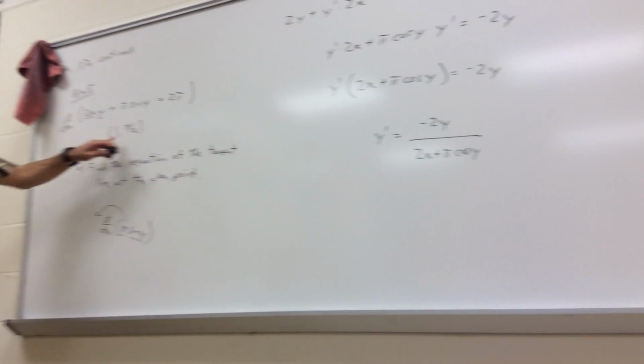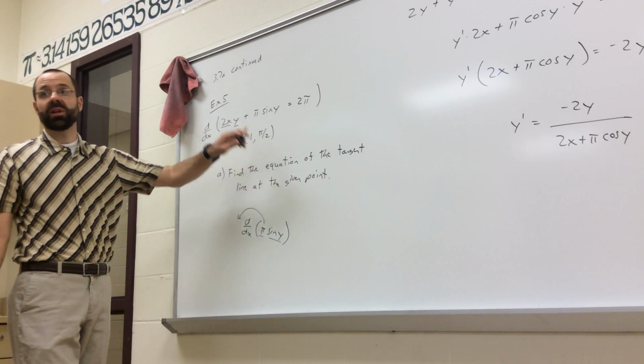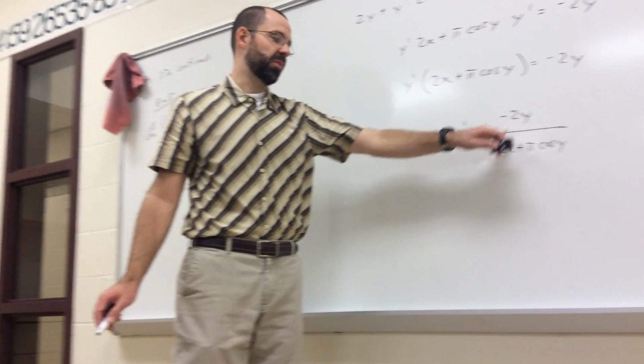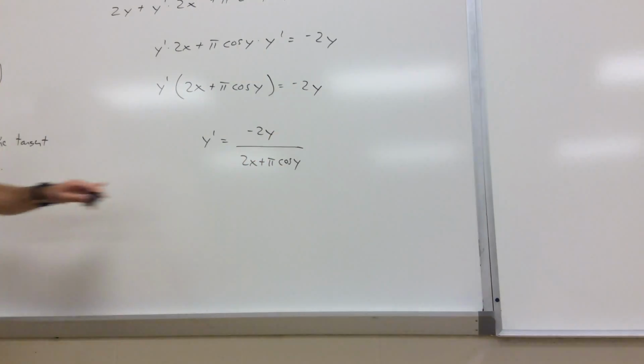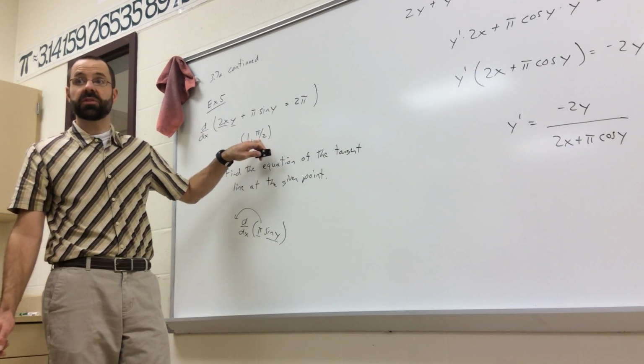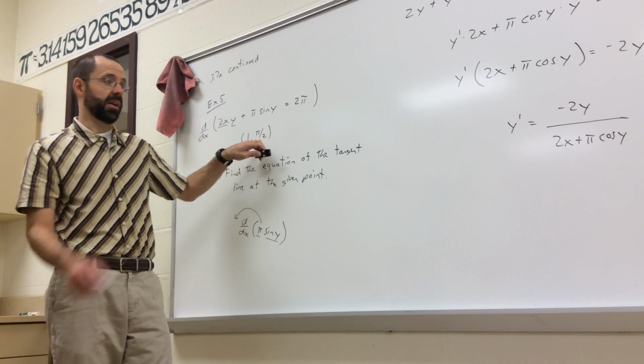I'm interested in the slope at this point, so now I'm going to plug that point into there. This is a little bit different. We're not used to equations that have both x and y in them, but it's not that tough because we'll just put a 1 in for x and a pi over 2 in for y into that formula.